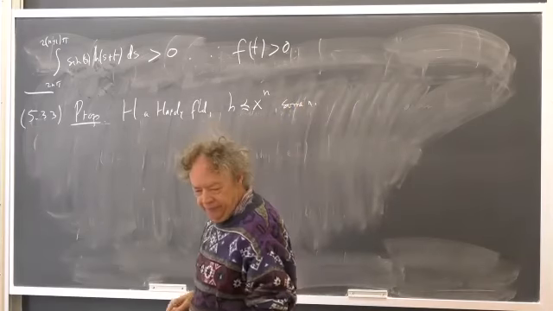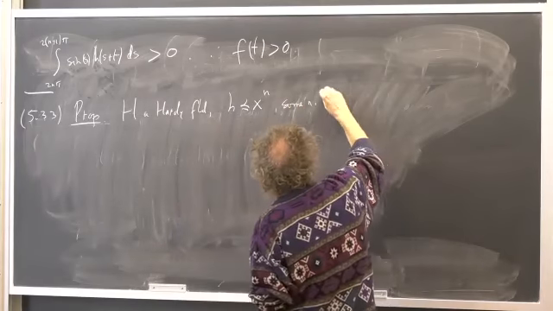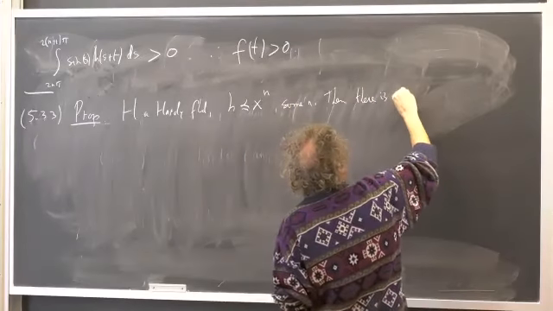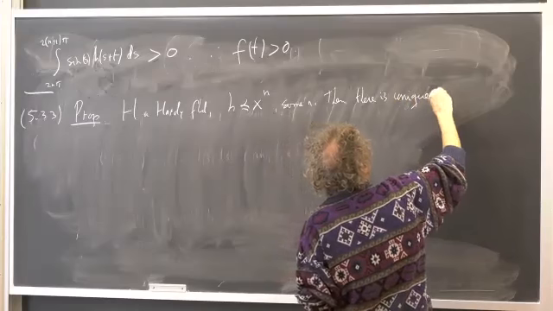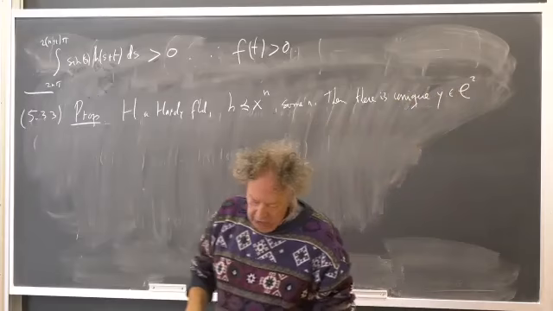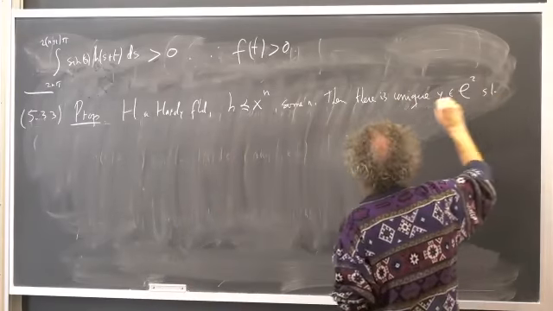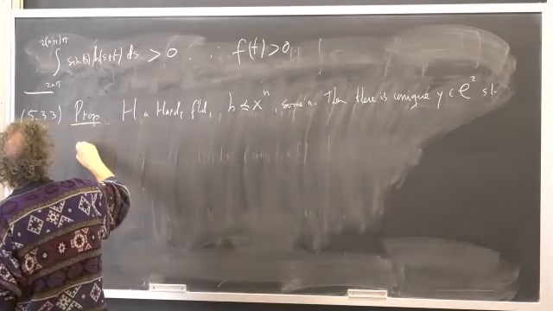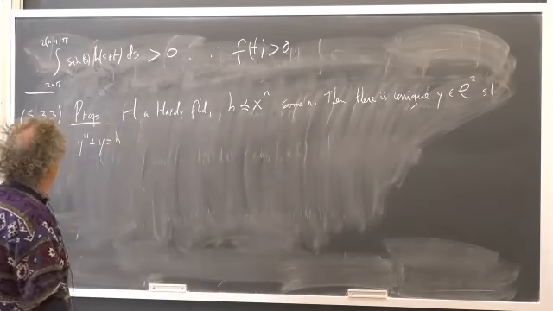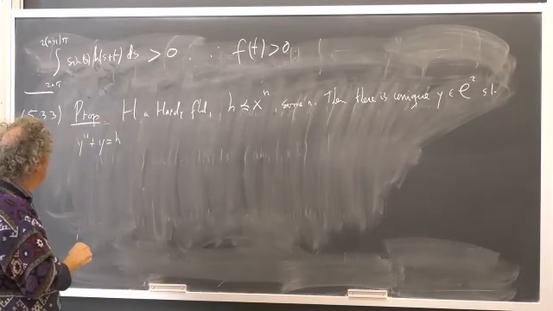Then there is a unique y in C2 such that it solves the equation y double prime plus y equals h.